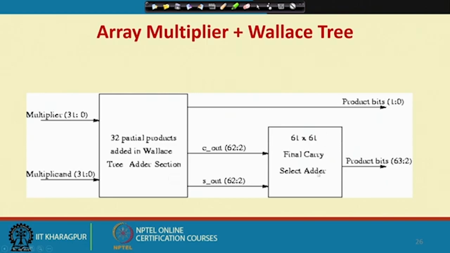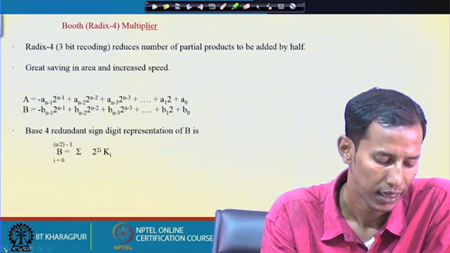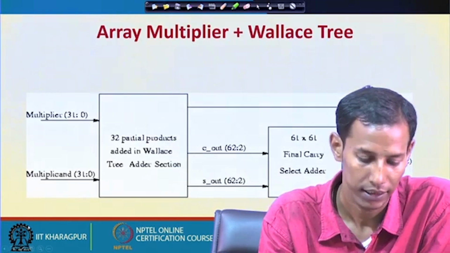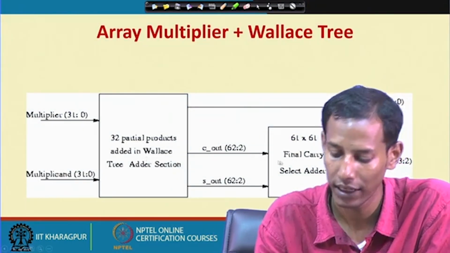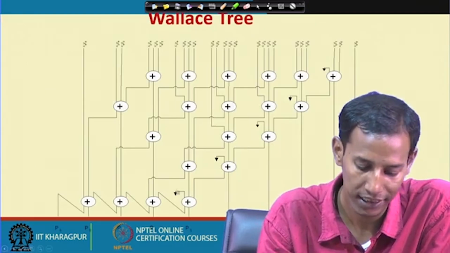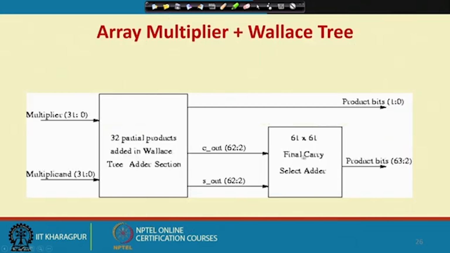So, this is the block diagram of this array multiplier with Wallace tree. Here this array multiplication is being done, and this final stage addition operation has been done through this carry select adder to finally find out the corresponding product bits.